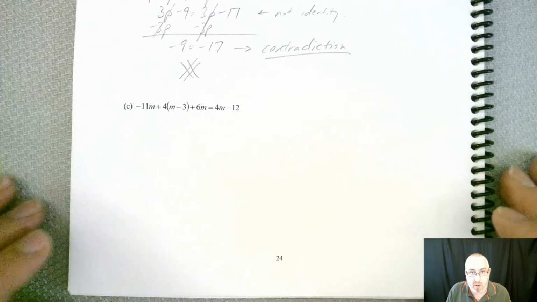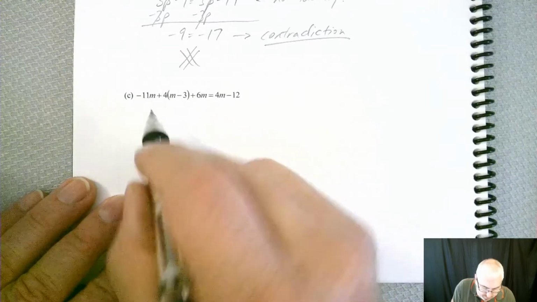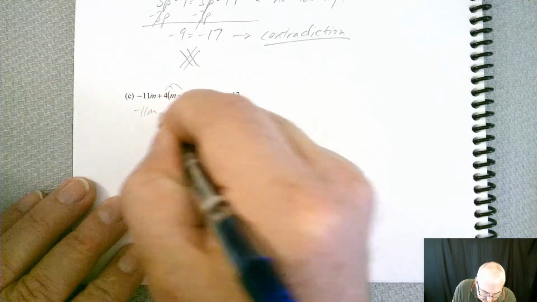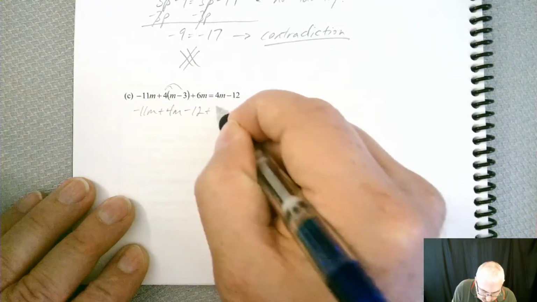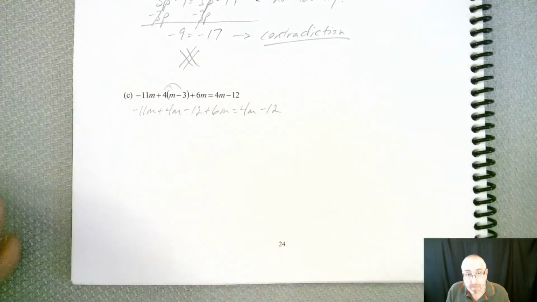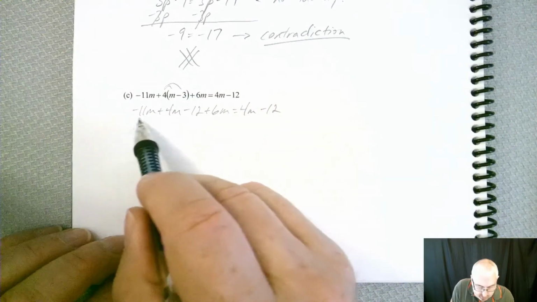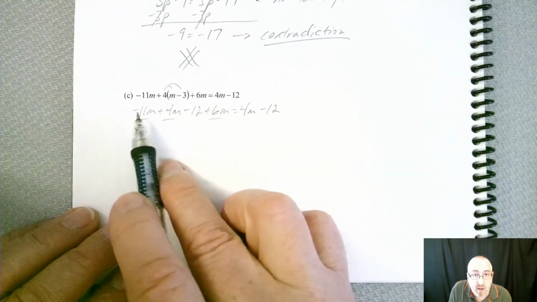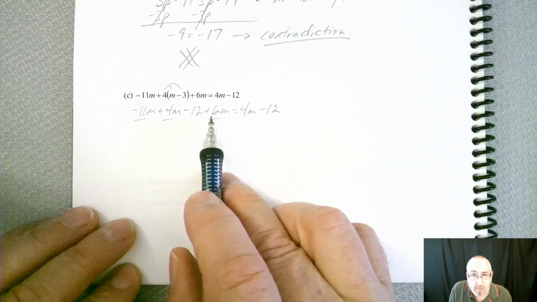So what about this one? Well, let's see what happens. We had some parentheses. So we got negative 11m plus 4m minus 12 plus 6m equals 4m minus 12. All right, so nothing drastic yet. We got some m's to combine. There's 3 of them. So we got a minus 11 plus 4 plus 6. So what's that going to boil down to?